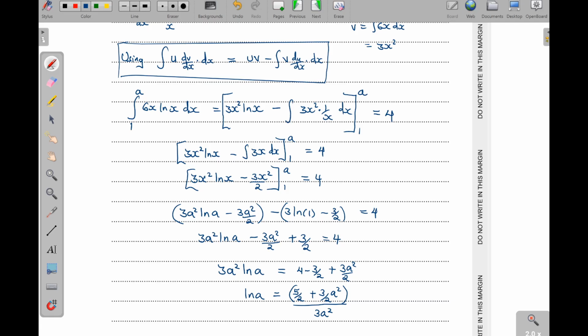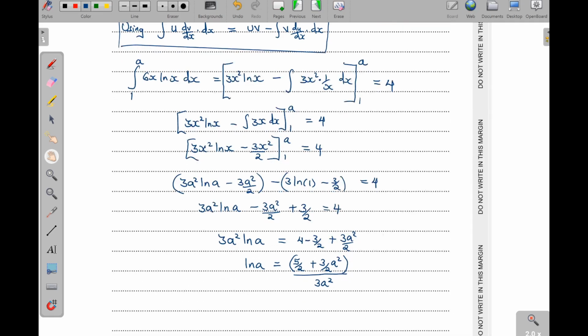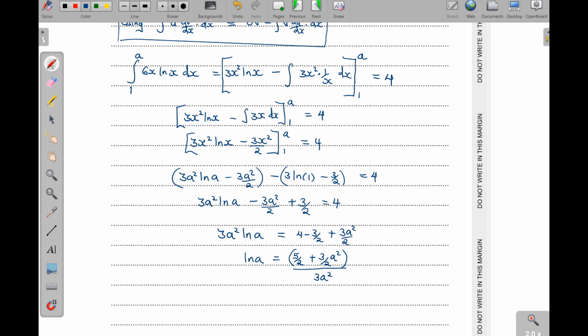Okay? And from there, we can actually see that, of course, now, you remember log base a of b is equal to c. This natural log of a is the same as log base e of a. So we shall say a to the power c is equal to b. Therefore, e to the power of the whole of this is equal to the a that is here, right? Good. So we shall have our a here, which is equivalent to e to the power of the whole of this.